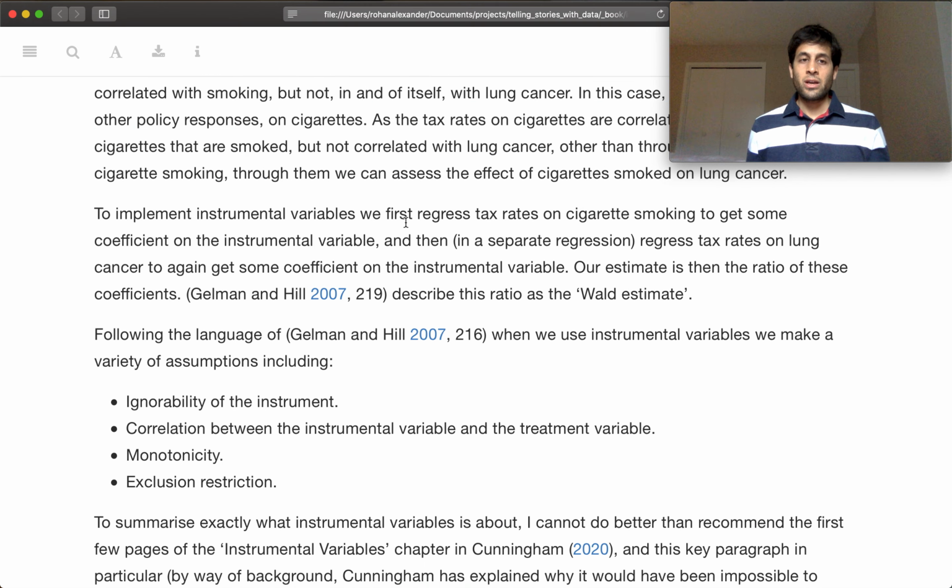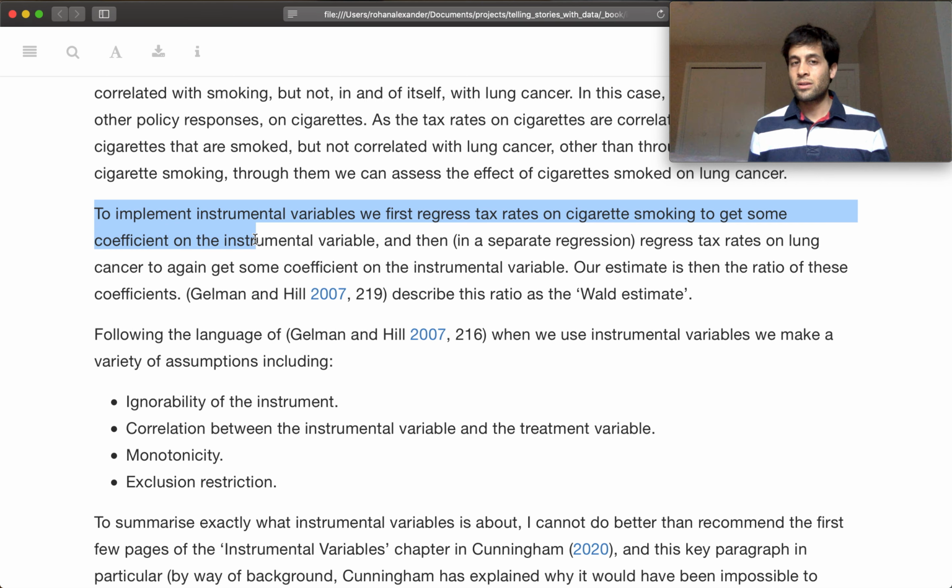So we're going to see plenty of examples of how we actually implement instrumental variables, but just to give you a very brief overview, what we're going to do is regress tax rates on cigarette smoking. This is the first way we're going to get to it, and we're going to get some coefficient. Then, in a completely separate regression, we're going to regress tax rates on lung cancer.